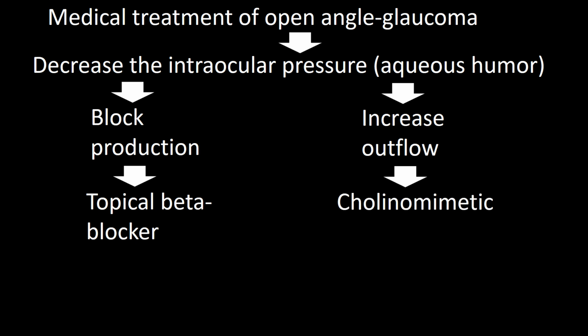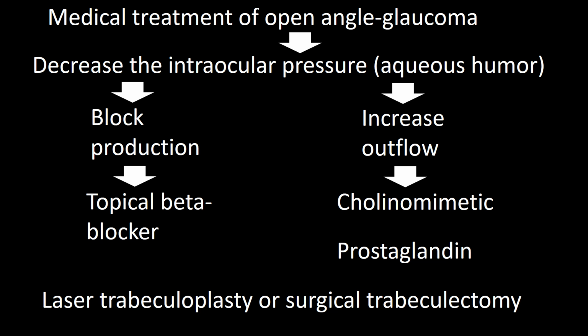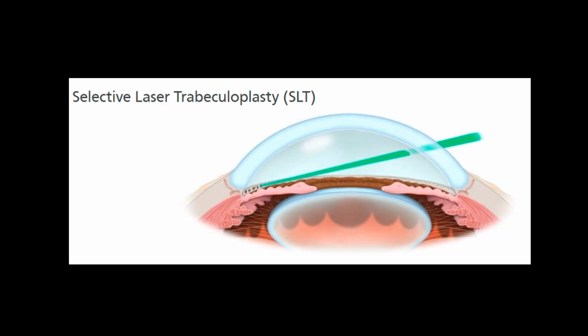Outflow can be increased by the use of cholinomimetics, as previously mentioned. Cholinomimetic drugs open the trabecular meshwork by producing ciliary contraction, or by the use of prostaglandins. In addition to medical treatment, surgical treatment is an option. Laser trabeculoplasty or surgical trabeculectomy is indicated when the intraocular pressure cannot be reduced medically.